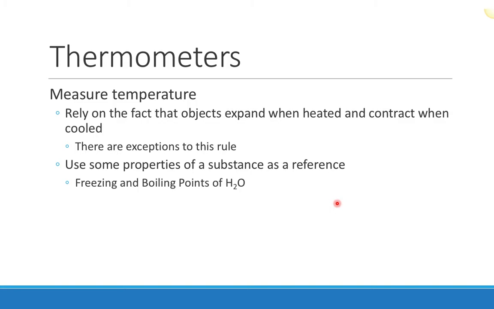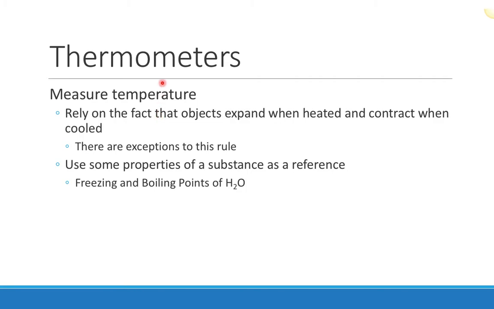But there are also electronic thermometers, and different kinds. There are a lot of newer thermometers now, but the older thermometers rely on the fact that objects expand when heated and contract when cooled, or they rely on the fact that as the temperature changes, some property of the material also changes.